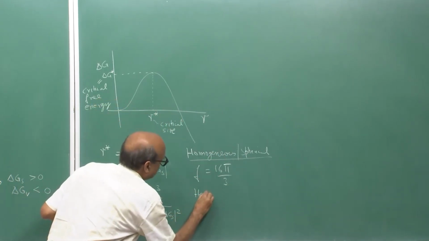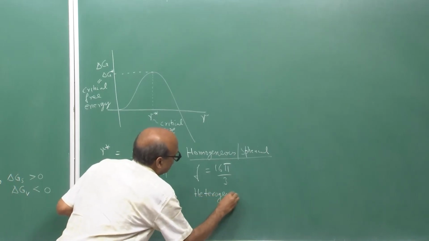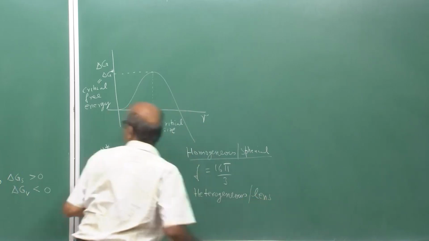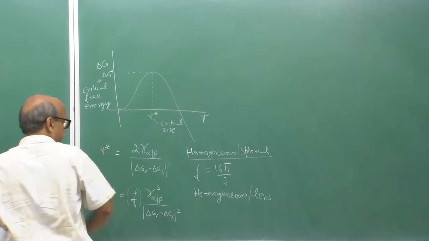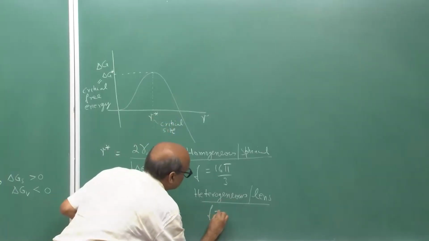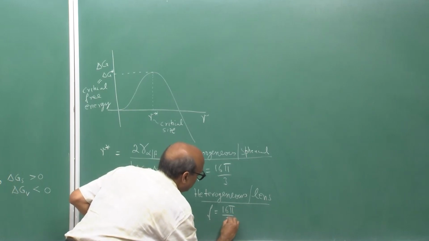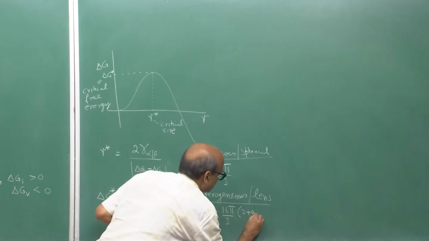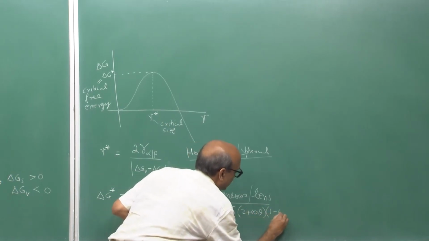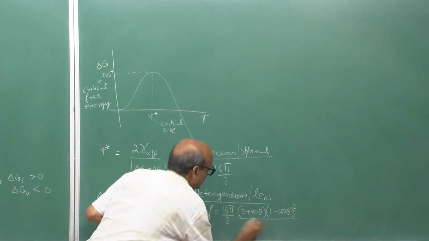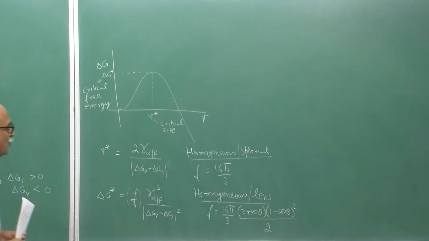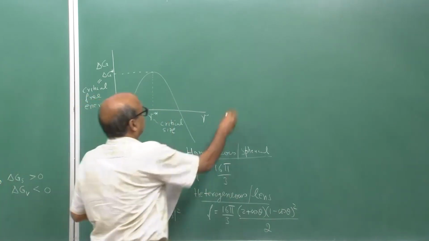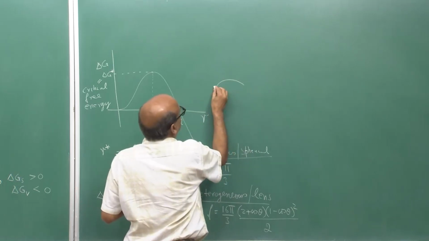In the case of heterogeneous nucleation and lens shape, as I have shown here in this figure, F is 16 pi by 3 multiplied by 2 plus cos theta times 1 minus cos theta square divided by 2, where theta is the contact angle that the nucleus makes with the substrate.